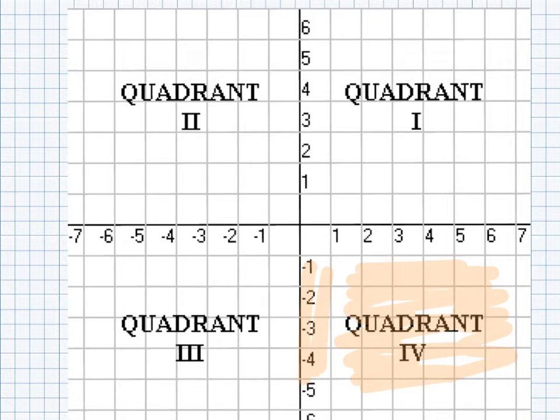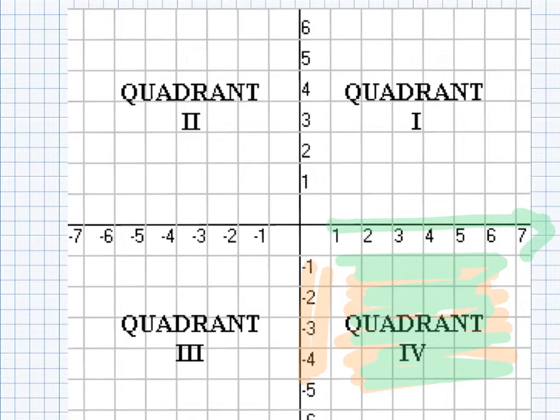Let's try a different color. If you're in quadrant 4, would it have a positive x value? Well, yes, it would, because we're on the right side, and anything to the right for x is going to be positive.